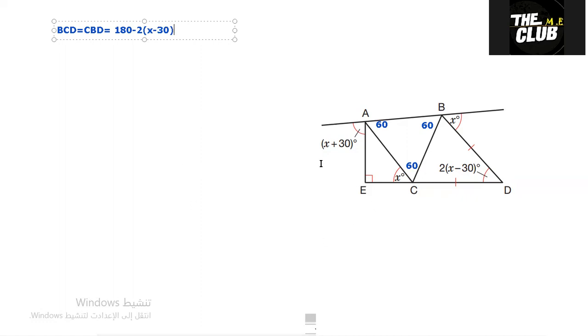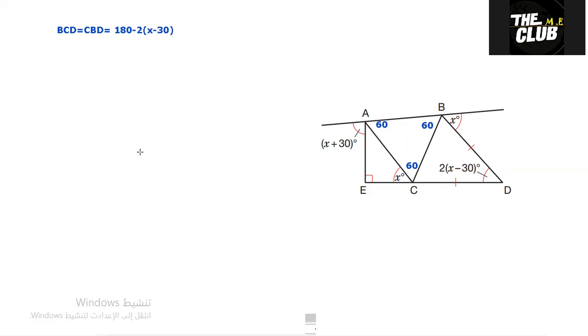As we said, 180 minus this, which is 2x minus 30 inside the bracket, and then the answer is going to be divided by 2. Why divided by 2? Because to find these two angles, we subtract this from 180 and then divide by 2, which gives this one and this one.